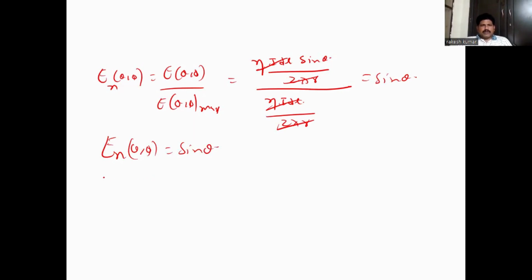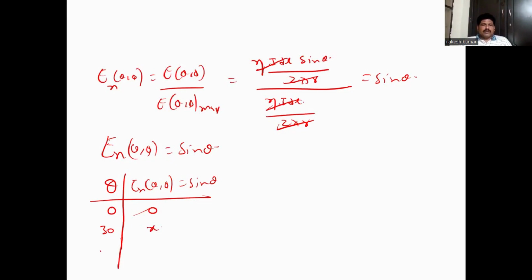So you simply draw the graph for theta, where En of theta comma phi is equal to sin theta. For theta equal to 0, sin theta is 0. For theta equal to 30 degrees, sin 30 is 1 by 2. Sin 45 is 1 by root 2. Sin 90 is 1, and sin 180 is 0. If you draw the vertical pattern, it will be like this.